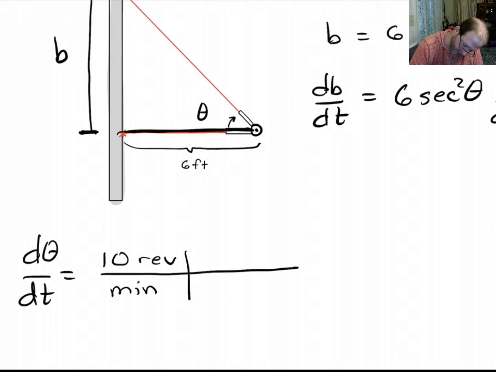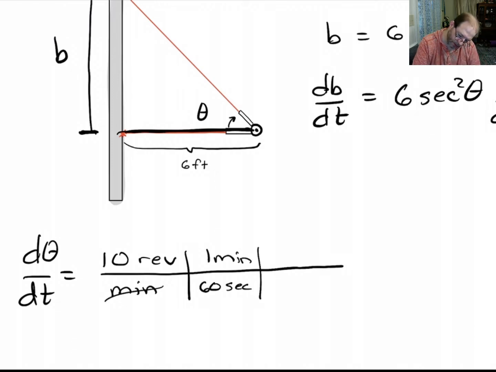Let's see, 10 revolutions per minute. Well, we know that 1 minute is equal to 60 seconds. So I can multiply by that. And so that gives me revolutions per second. Now I need to change this into radians per second. So on the circle, a full revolution is 2 pi radians. So 1 revolution is 2 pi radians.